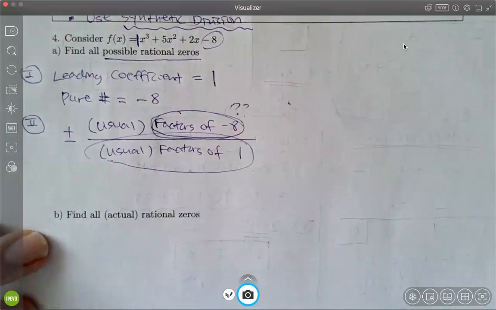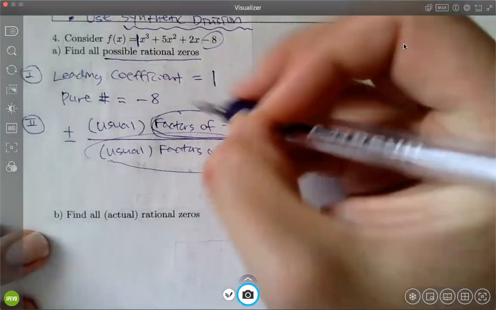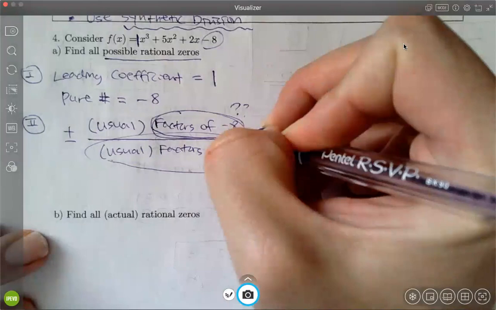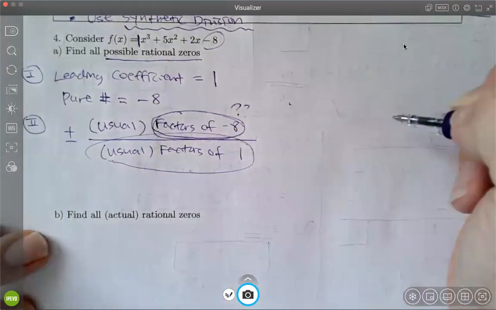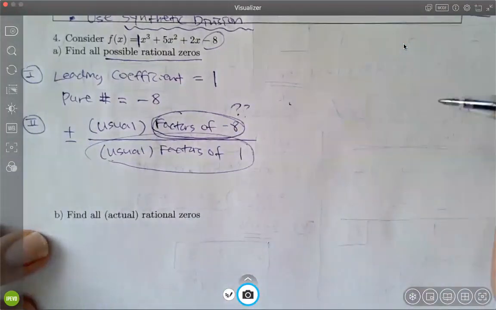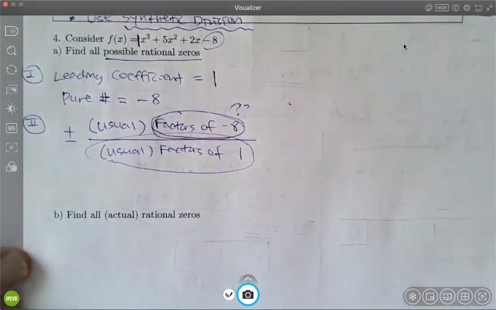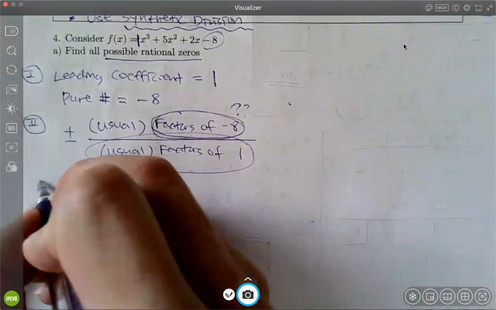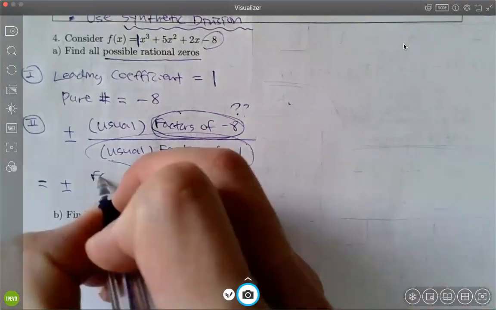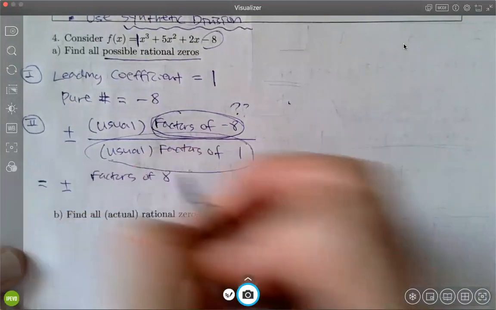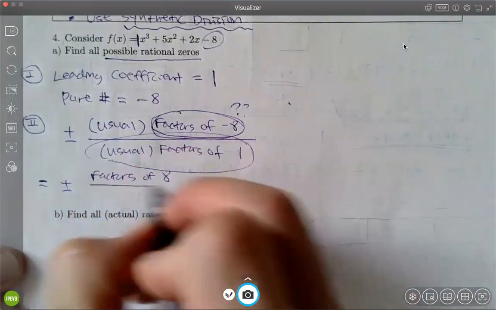Okay, but those are the factors of just 8, right? Does the negative sign here matter when you try to find the usual factors of a number? And the answer is no. Okay, so what does that mean? This is equal to, again, plus minus, the factors of just 8 divided by factors of 1.